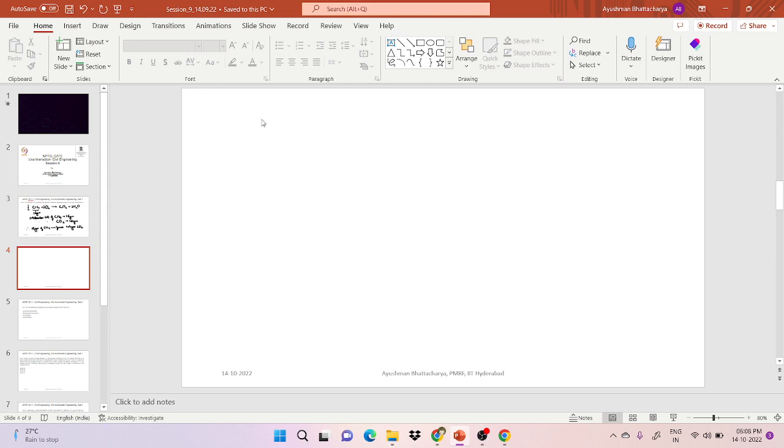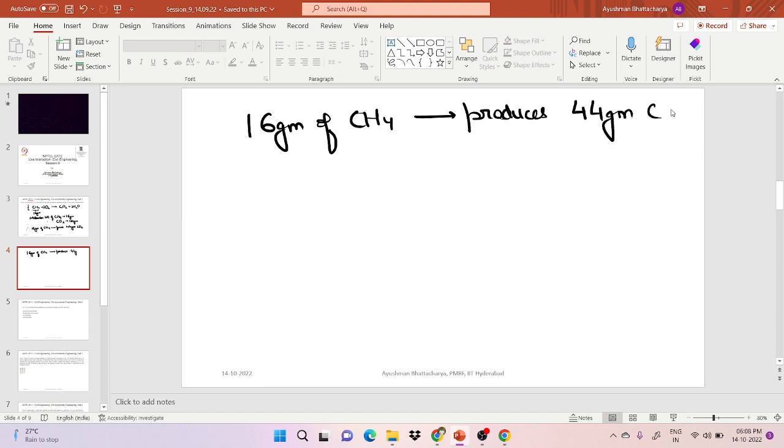I will write it again: 16 gram of CH4 produces 44 gram of CO2. So how much will 1 gram produce? Just a unitary method. 1 gram of CH4 will produce 44 by 16 gram of CO2.